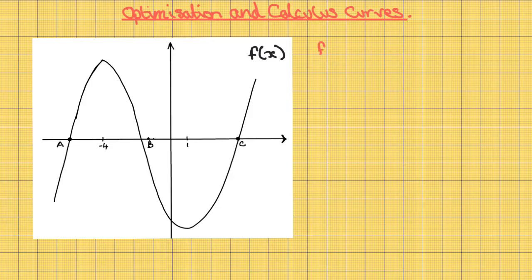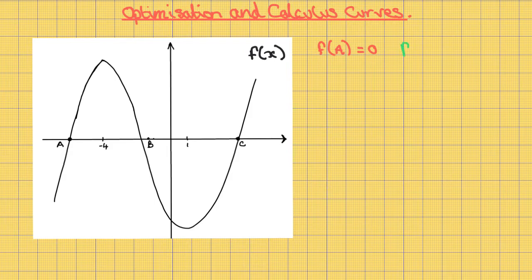So we want to discuss what is happening at f of A. F of A is actually the y value at that point on the function. And as A lies on the x-axis, f of A is actually equal to 0.